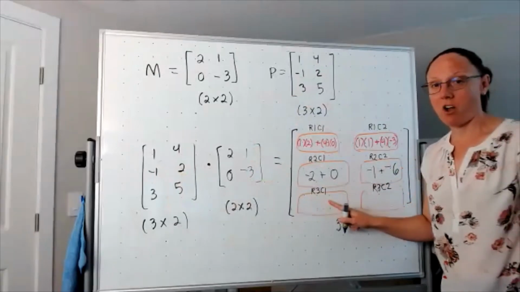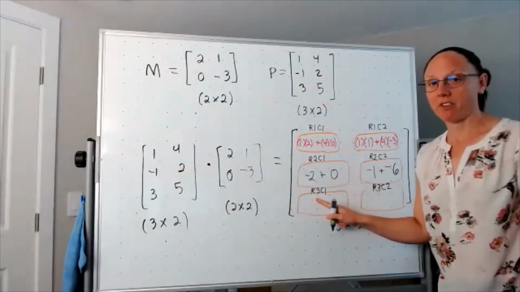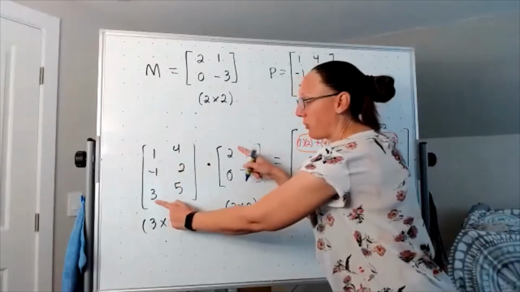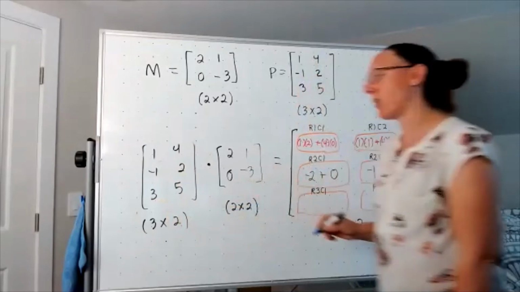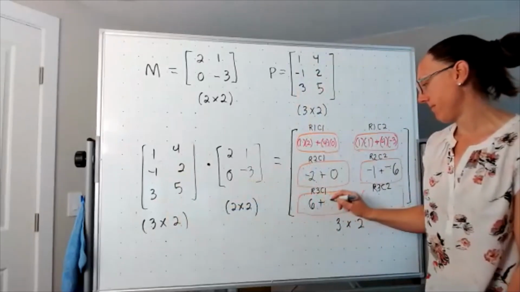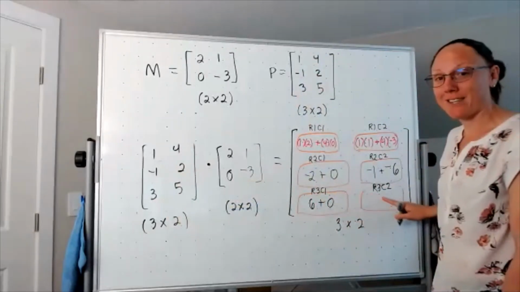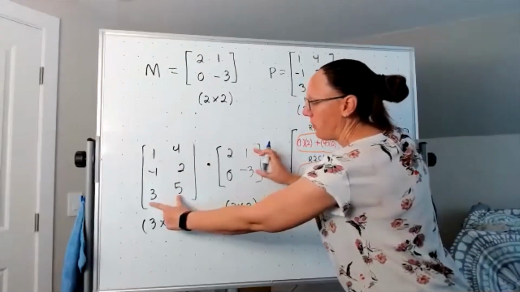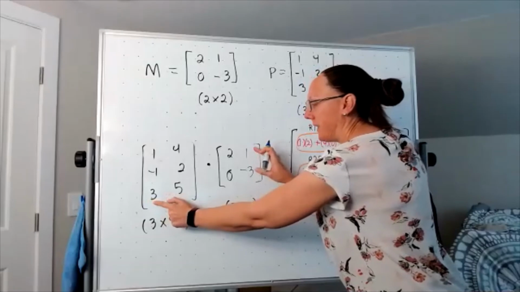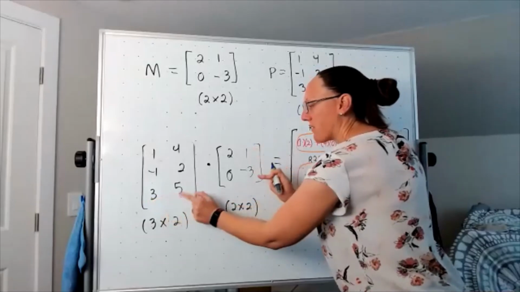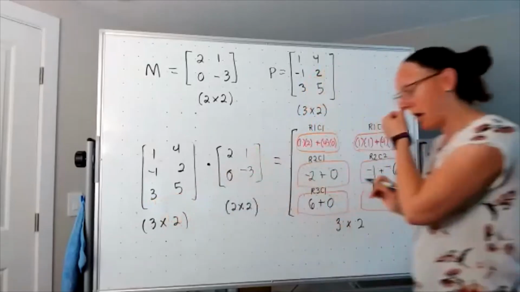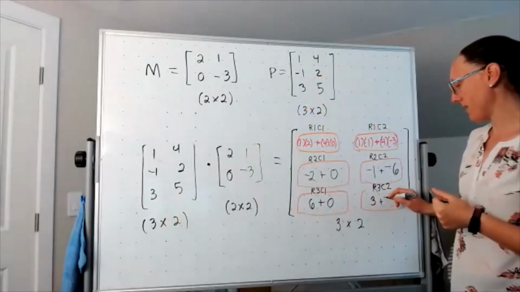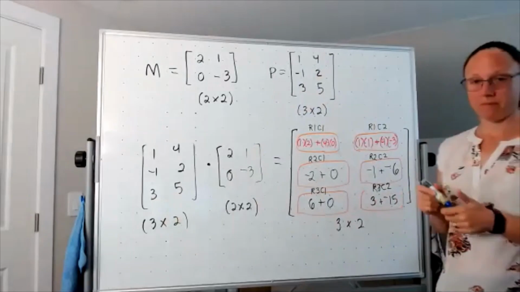Row 3, column 1. Row 3 of the first matrix times column 1 of the second matrix: 3 times 2 plus 5 times 0. Last but not least, row 3 times column 2. Row 3, column 2: 3 times 1 plus 5 times -3. So 3 times 1 is 3 plus -15.